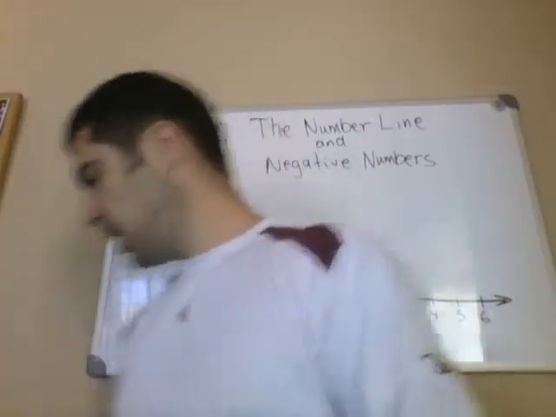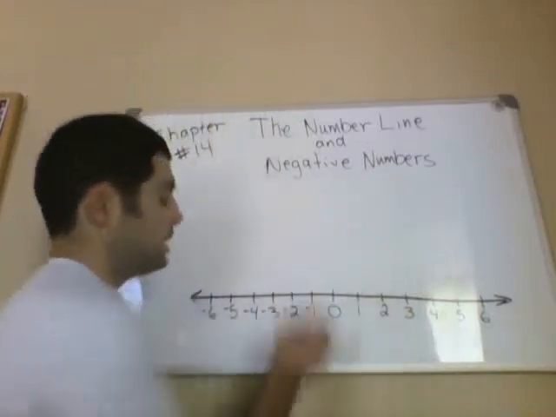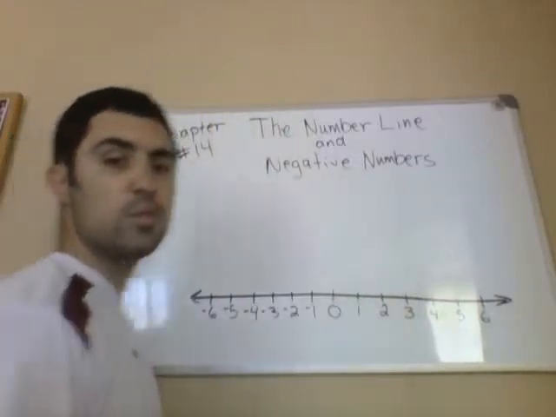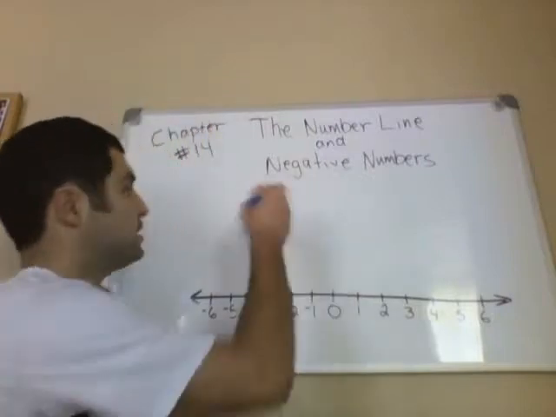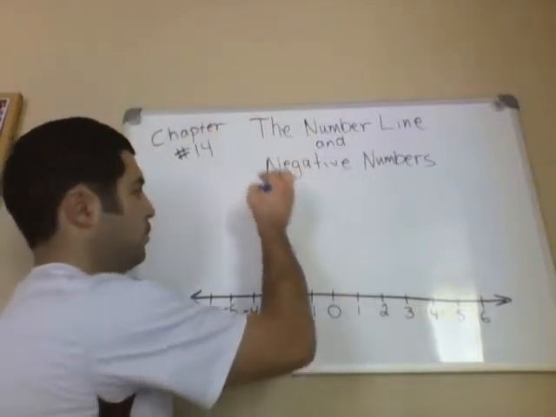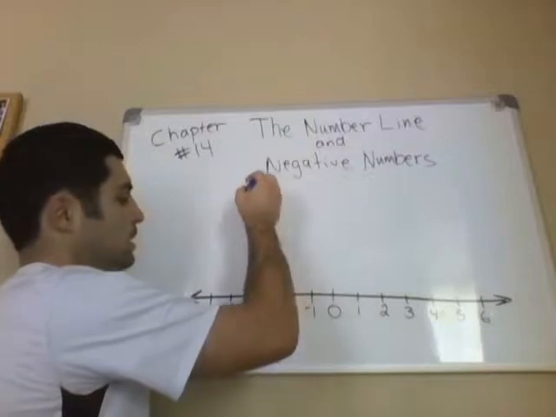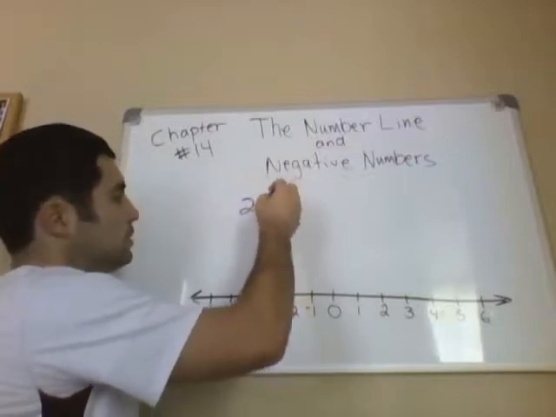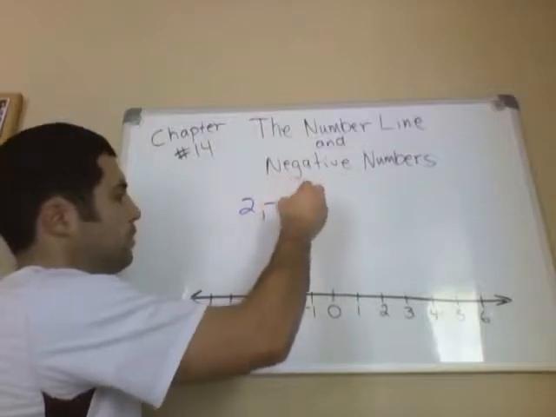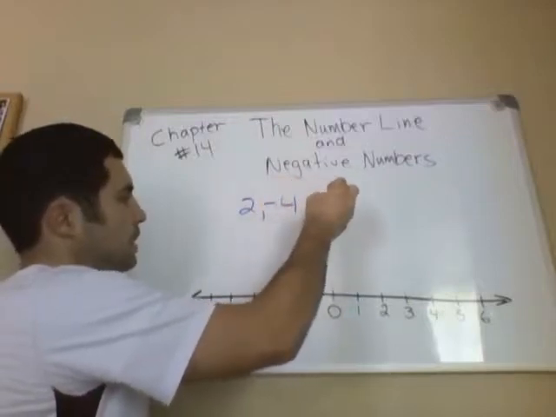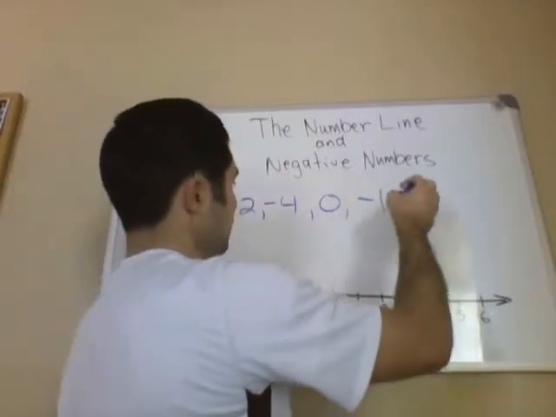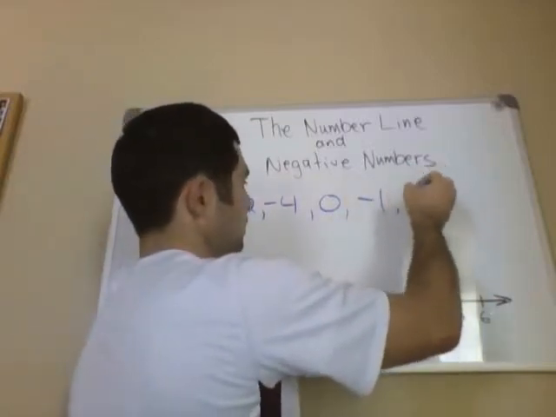Alright, so let's do a different problem. What we're going to do is we're going to take some numbers, I'm going to write them down, and I want you guys to rewrite them in order from least to greatest. So let's start out with 2. Let's do negative 4, 0, negative 1, 5.